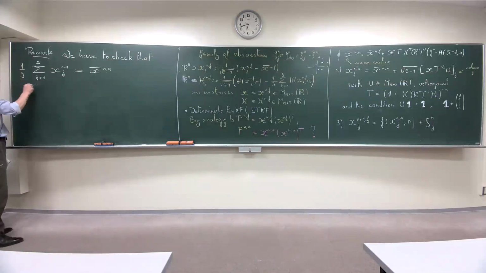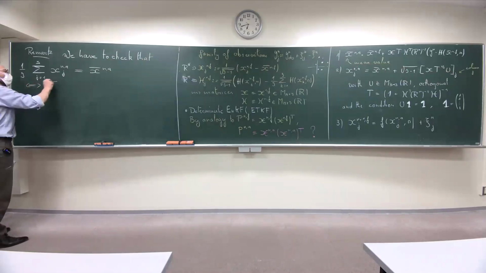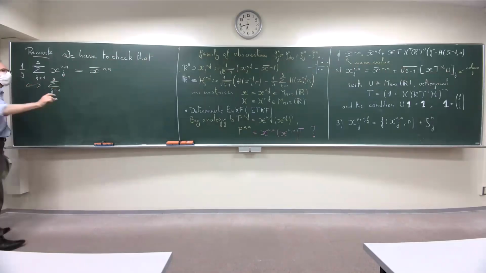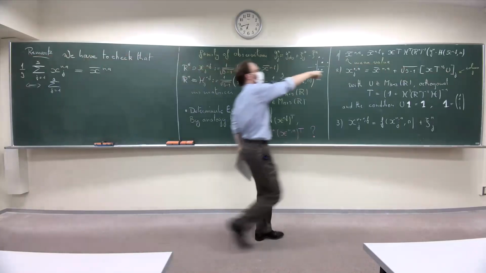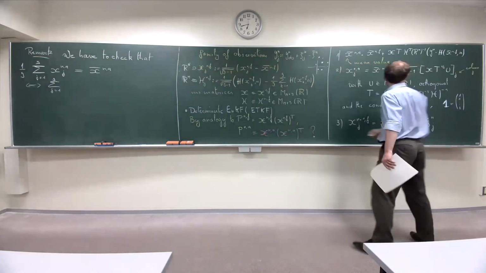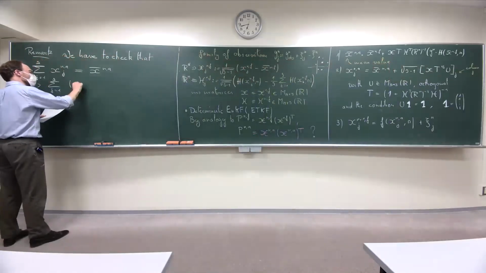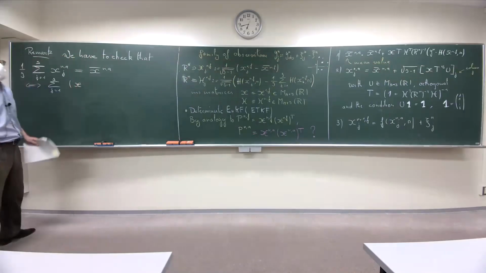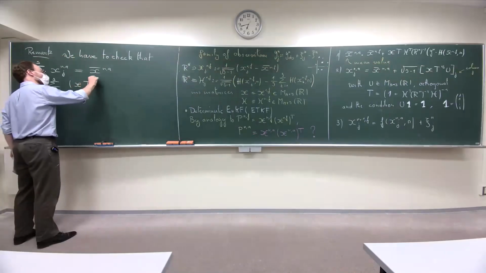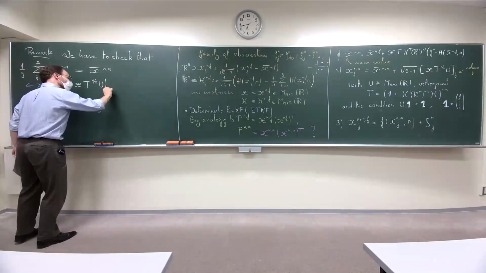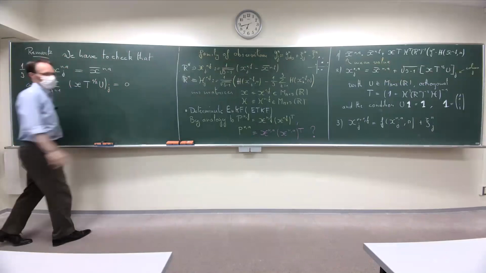But please observe that this is equivalent to the sum j from 1 up to J of this Gothic X T^(1/2) U index j being 0.